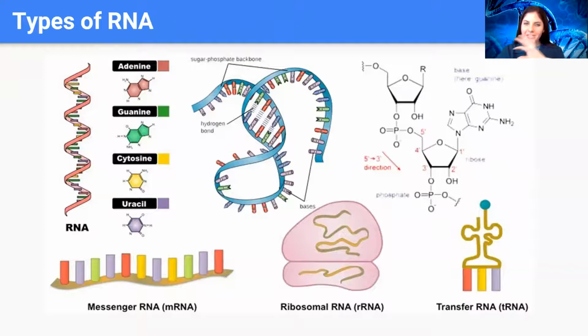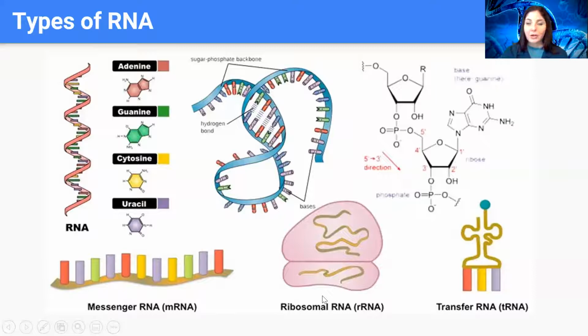So we have different types of RNA. We're going to talk a lot more about this when we get into protein synthesis, but here is a super quick synopsis. We have messenger RNA, which is located inside the nucleus. It forms a complementary strand to the DNA because it needs to take the message out of the nucleus. Once the messenger RNA has that information from the DNA, it exits the nucleus. It finds a ribosome.